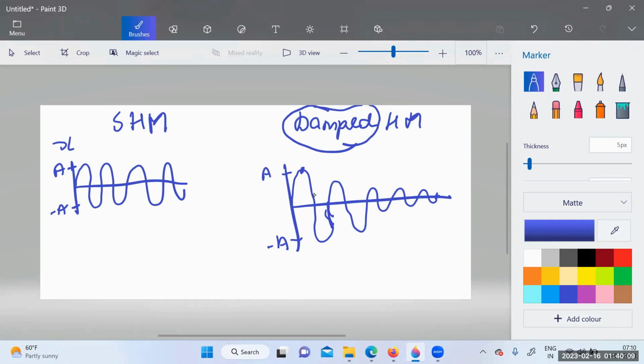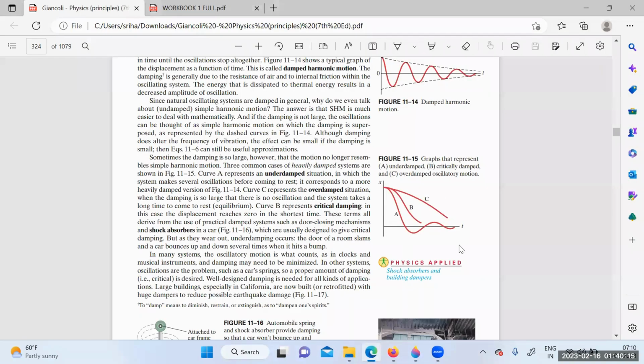Any doubts? No. Okay. So there are three cases in damped harmonic motion. Look at figure 11.15. One is underdamped, the second is critically damped, and the third is overdamped. In underdamped, there is some external force, but its magnitude is not so huge.